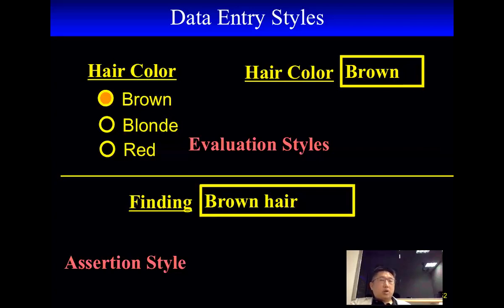But we also have another set of laboratory results called culture, and they put the Salmonella inside.